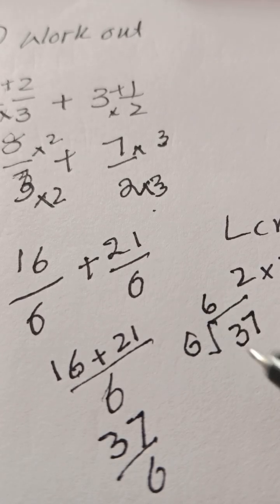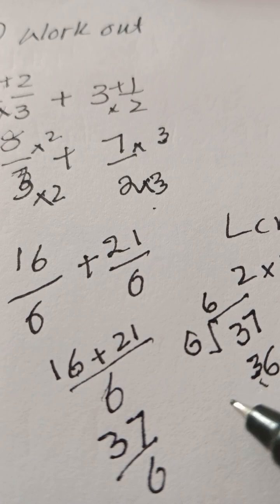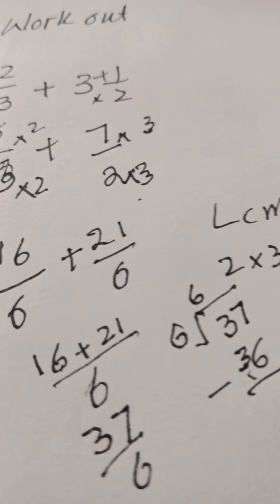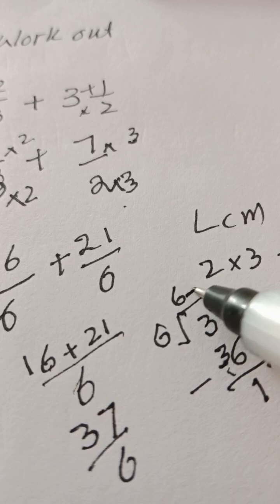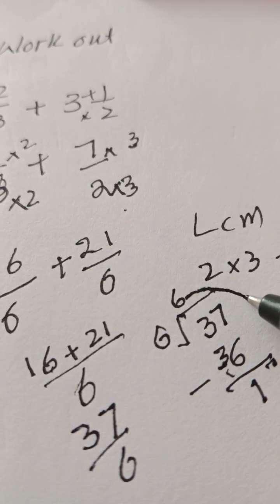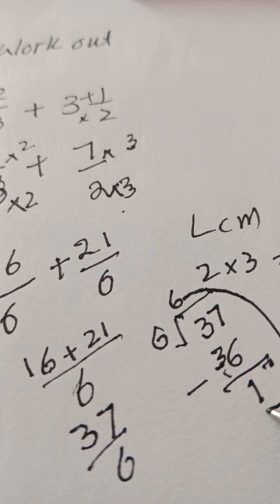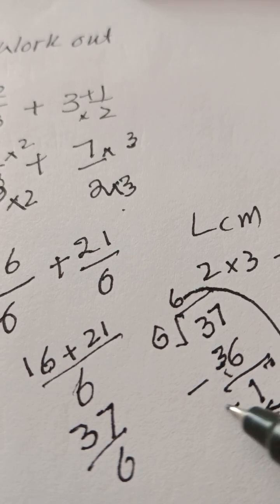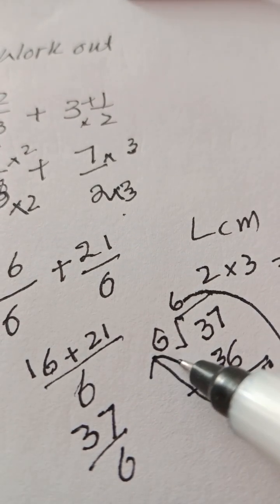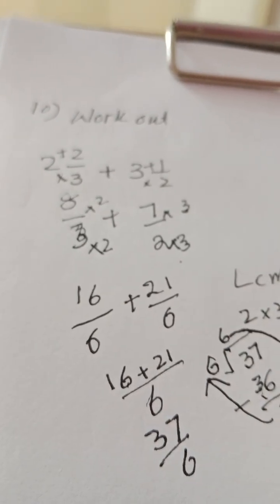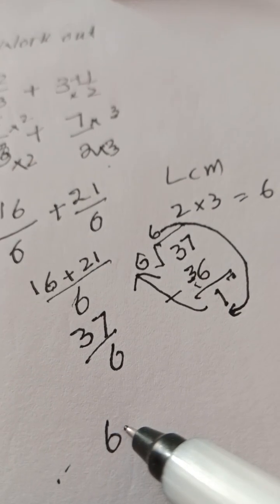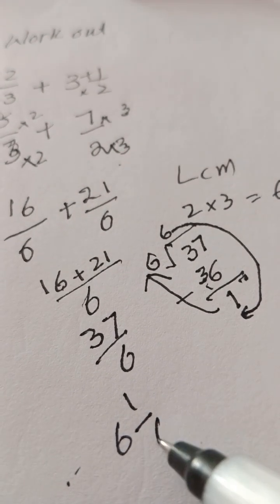It will be 6 6s are 36. Subtract it, remainder is 1. So in mixed number form, we can write 37 by 6 as 6 whole 1 by 6. So its answer is 6 whole 1 by 6.